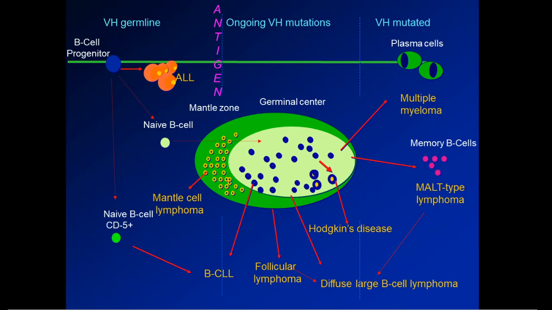Follicular lymphoma can transform into diffuse large B-cell lymphoma. Mantle lymphoma, the same. And also lymphoma from small lymphocytes can transform into diffuse large B-cell lymphoma, and this process has a name, Richter syndrome. Okay, so this is the main list of diseases that you need to remember when we are talking about the group of B-cell lymphomas.